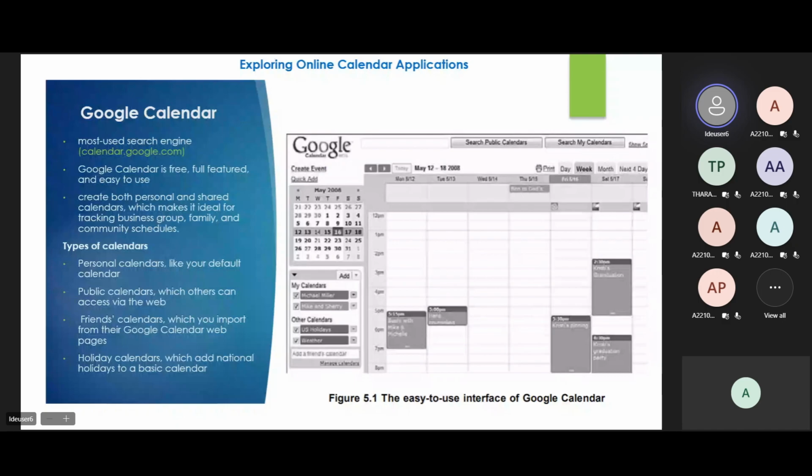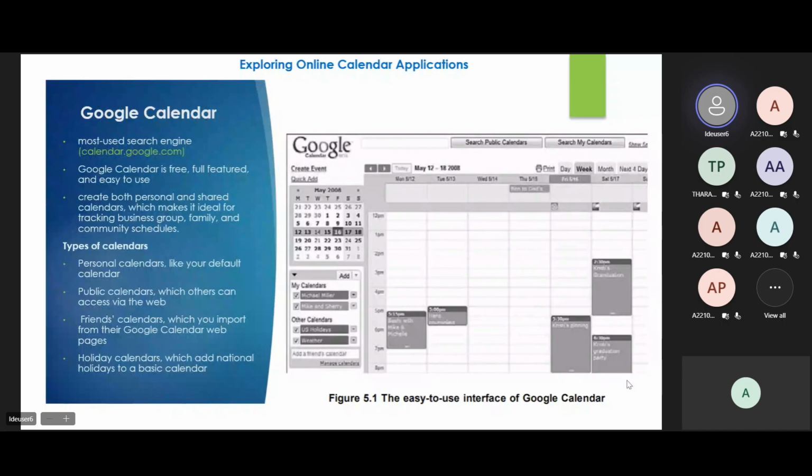So personal calendars, the default, like here you can see my calendar. This is the default calendar. Other than that, if you go to other calendars, you are able to view different types of calendars like public calendars, friends calendars, and holiday calendars.